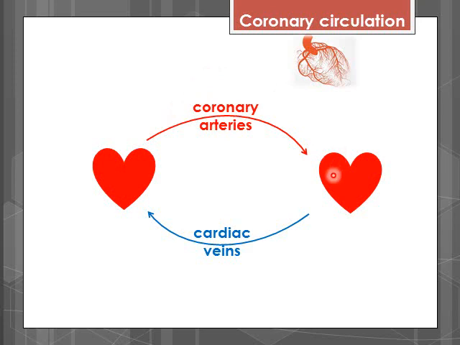Deoxygenated blood returns back to the heart through the cardiac veins. Coronary arteries supply the myocardium of the heart without sufficient overlap or anastomosis. So the coronary arteries are called the end arteries.